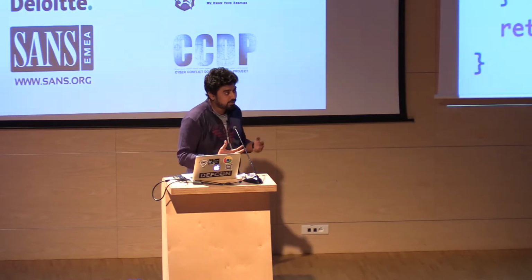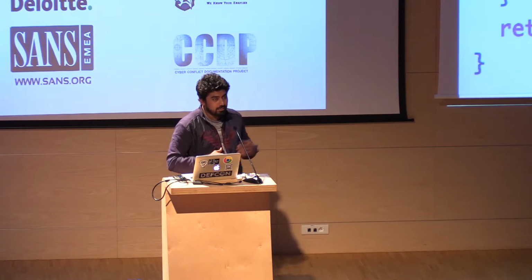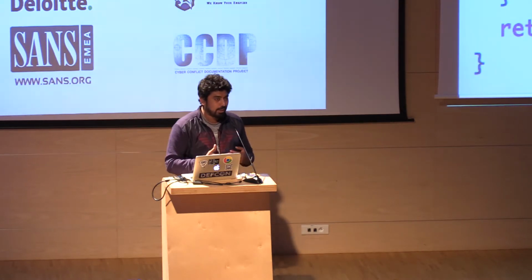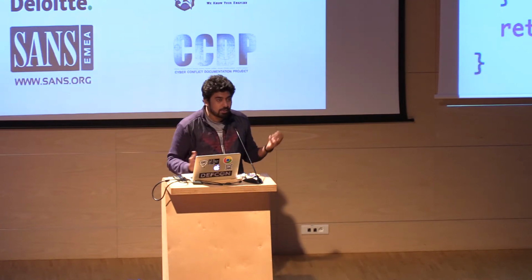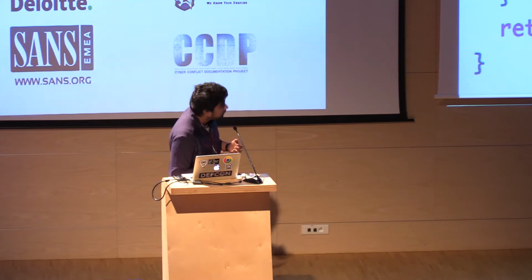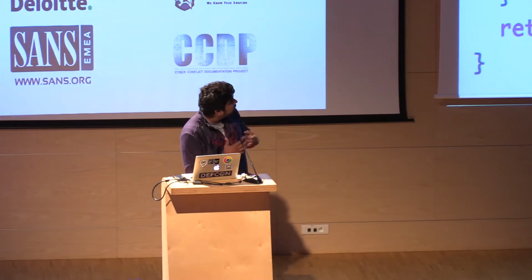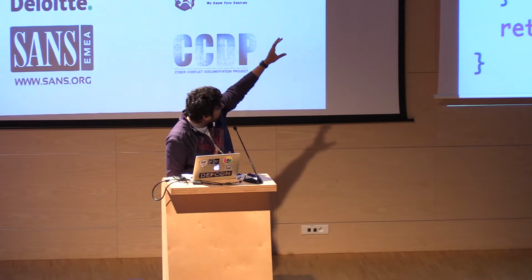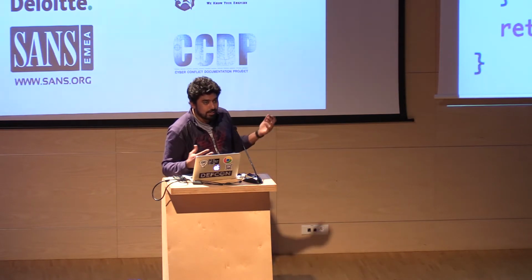So today's software is really complex, right? We can fuzz all we want, but if we have a simple check, you might not be hitting the right endpoints. So symbolic execution is a way of solving formulas.